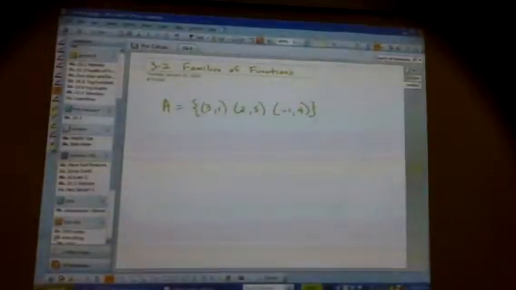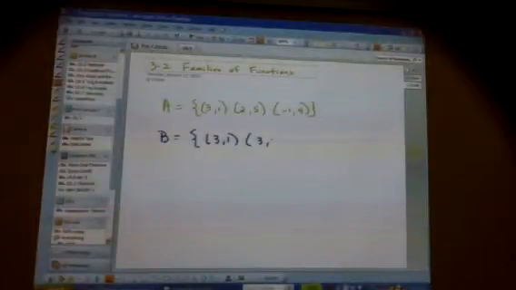If I take, let's make another set of ordered pairs. How about this time I go 3, 1, but then I put 3, 7. And I also put 6, 5, and 0, 2.